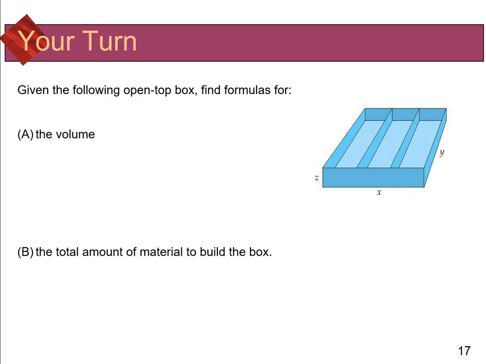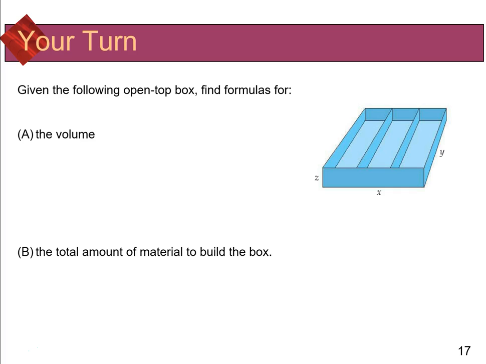But for the time being, we want to construct this open top box, and as you can see, it has a bottom that has dimensions x, y. It has a height of z, and you can see there's two partitions in the middle that split it into three sections.